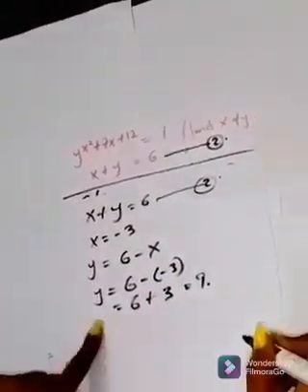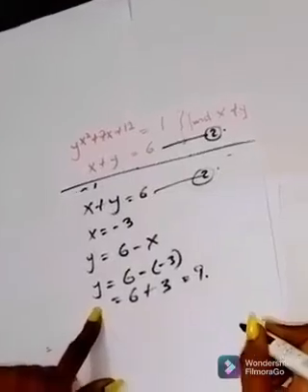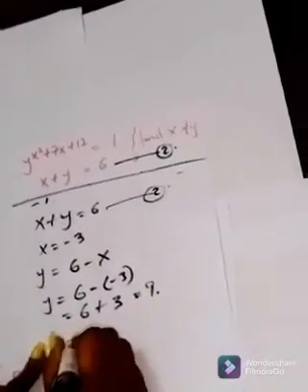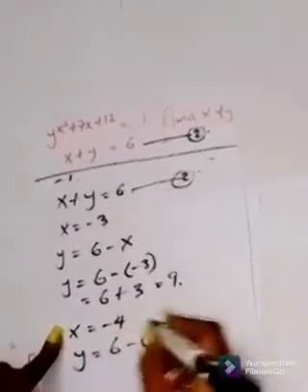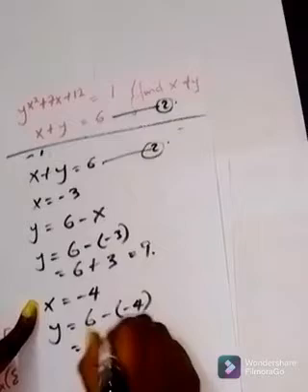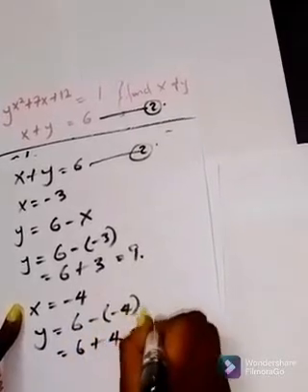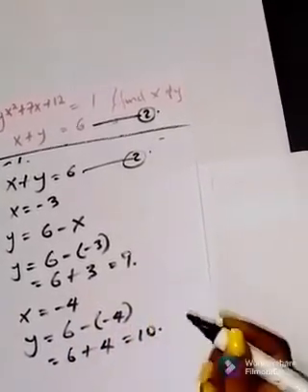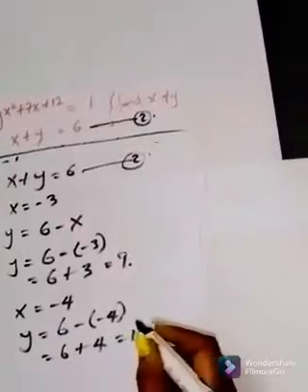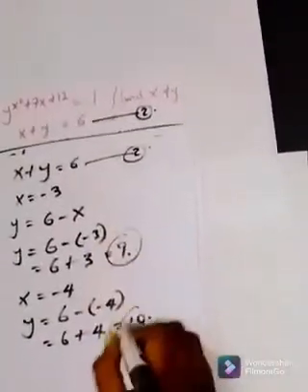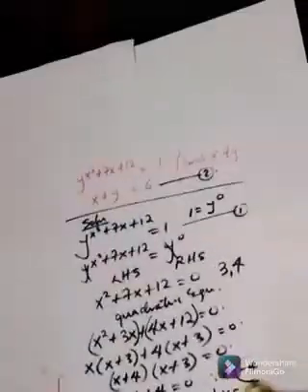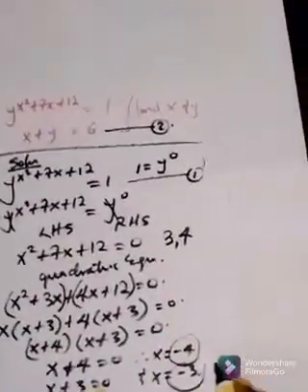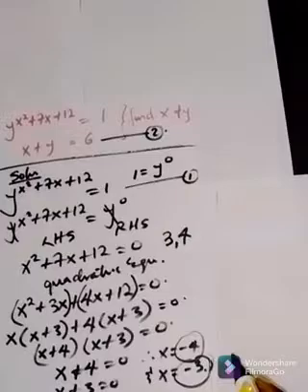The first value of y is 9. So when x is minus 4, y will be 6 minus minus 4 equal to 6 plus 4, which is 10. So our values for y is 9 and 10, while our values for x is what? Minus 4 and minus 3.